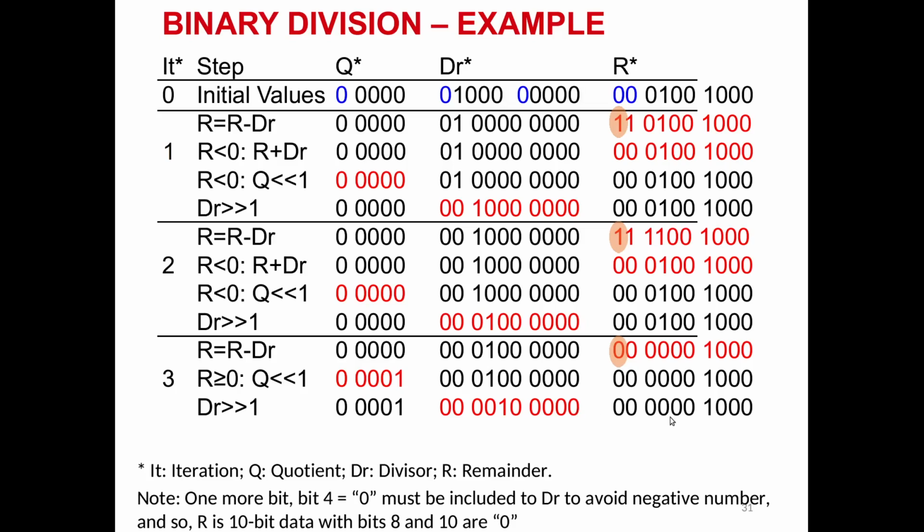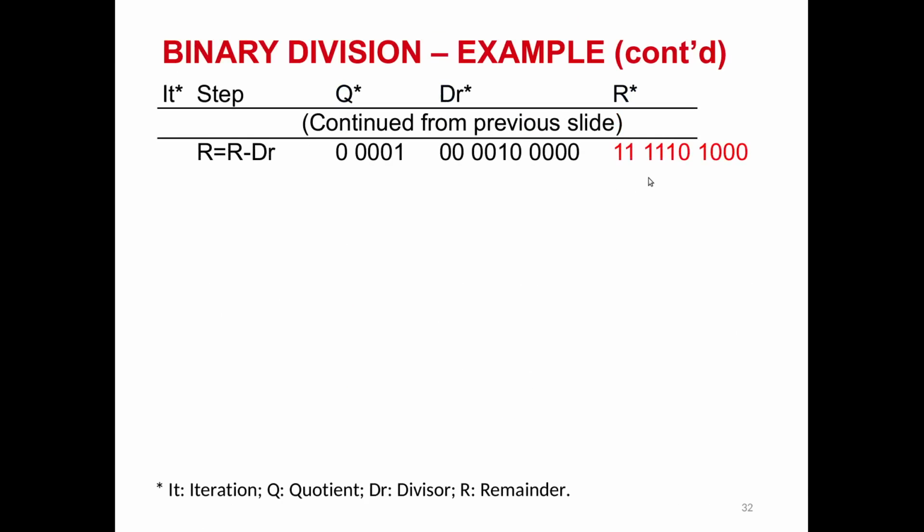Now we move to the fourth step, in which we will need to take this R and minus this DR. What you can see here is R is smaller than DR, so of course the minus value will be a negative value, and it is 1 1 1 1 1 0 1 0 0 0, and this most significant bit is 1, which implies that this is a negative value, or R is smaller than 0, so we must revert R to the previous value by adding it back with DR here.